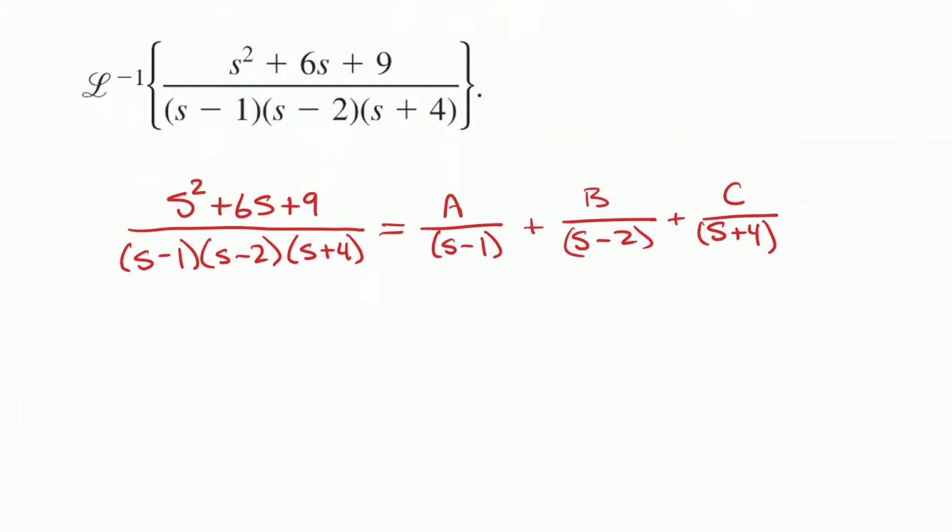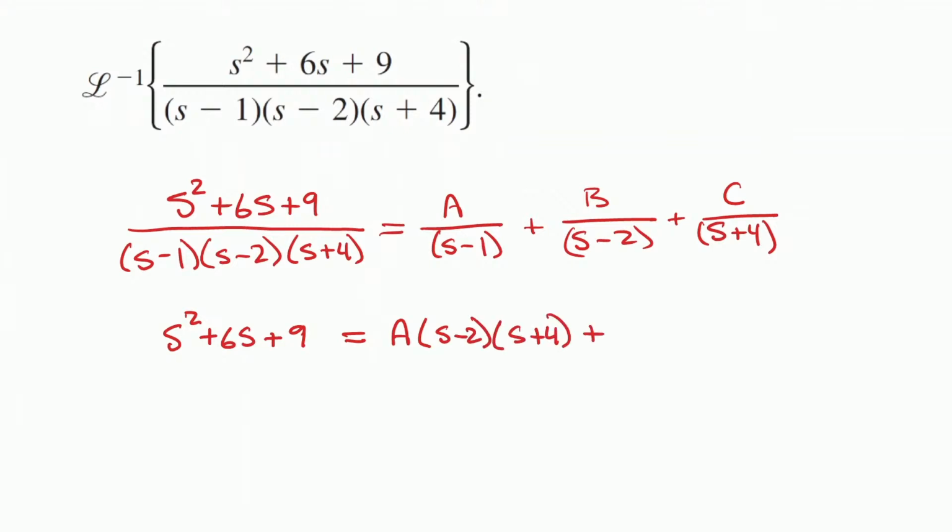So if I multiply everything by that common denominator, on the left, I will have s squared plus 6s plus 9. On the right, I will have a times these 2 factors, because when I multiply the right-hand side by that common denominator, the s minus 1 will cancel with the s minus 1 underneath the a.